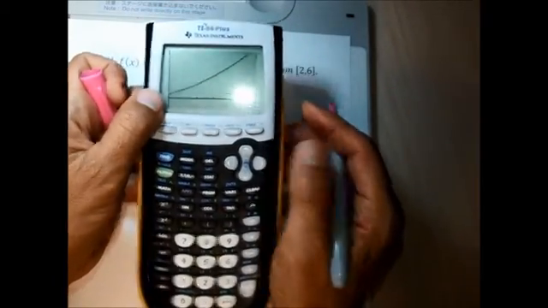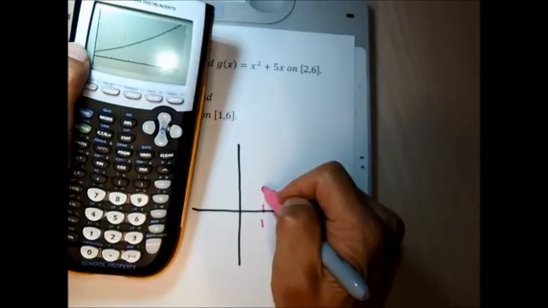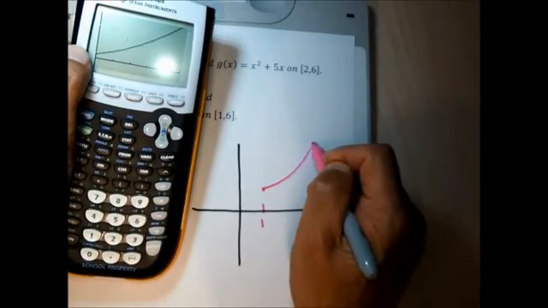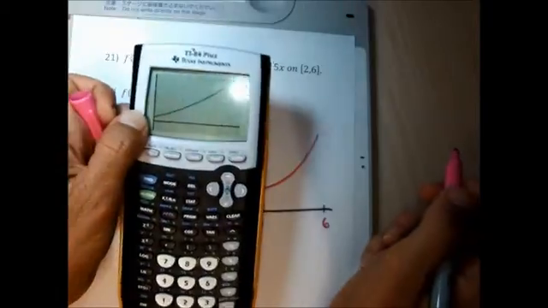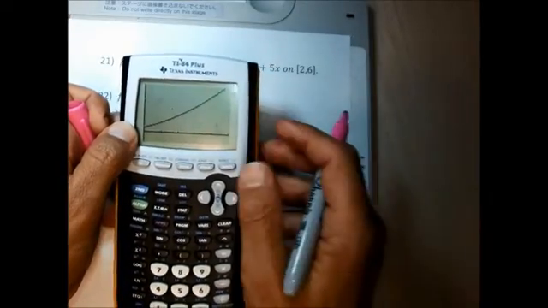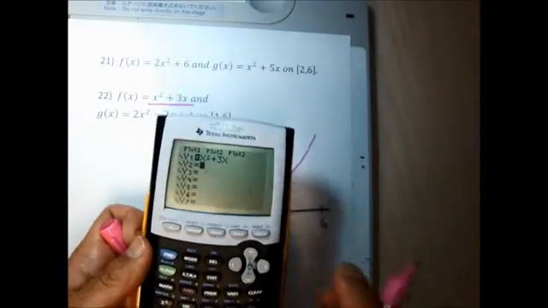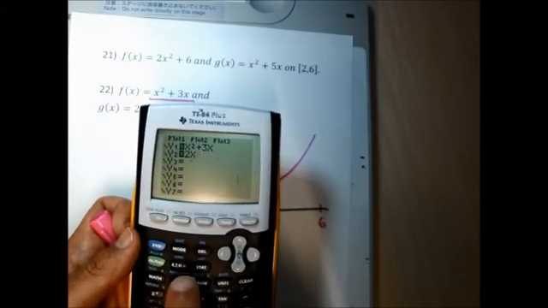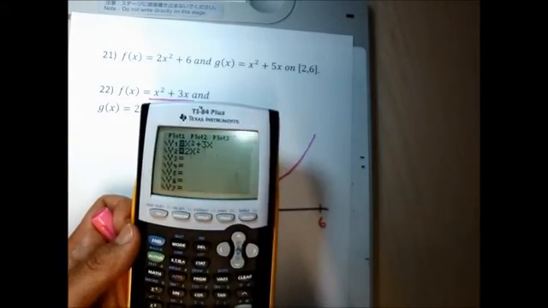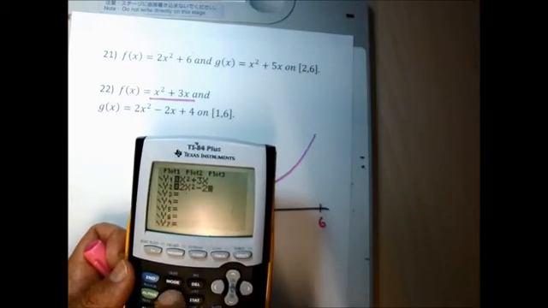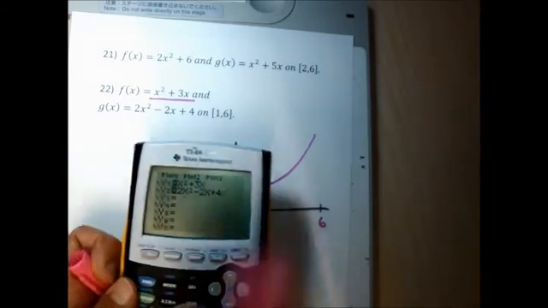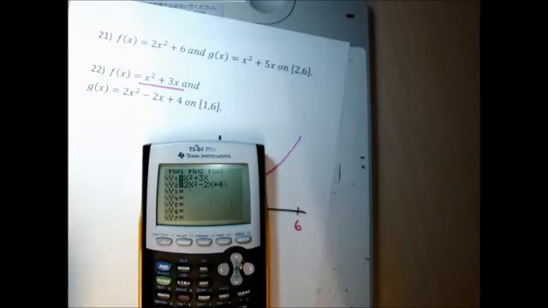So this one starts off and just goes up like that. It's not the best representation, but it's good enough. Now I'm going to introduce, I deleted that other function because it was messing me up. And this function, when I graph it, I'm going to graph it in orange.